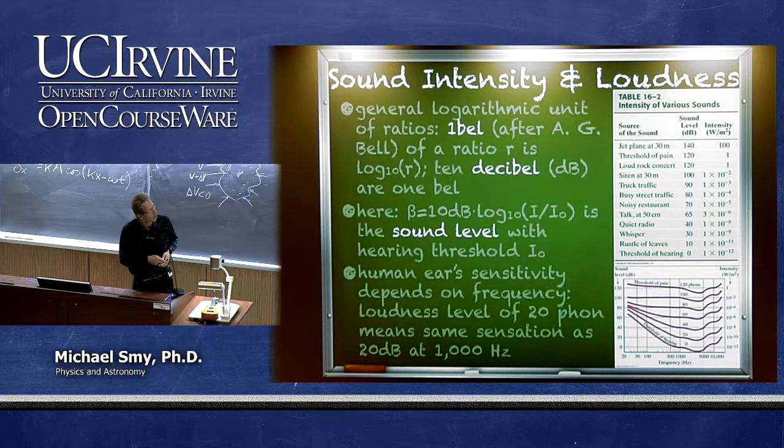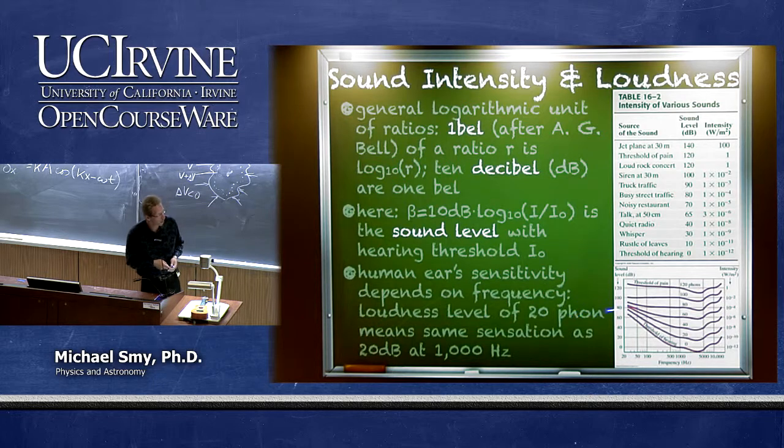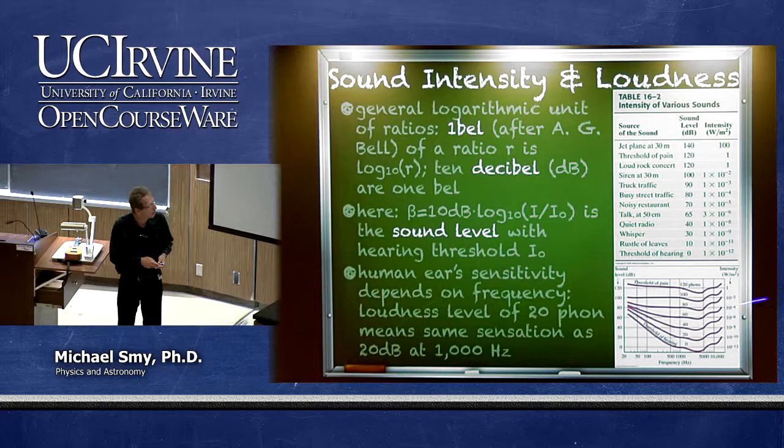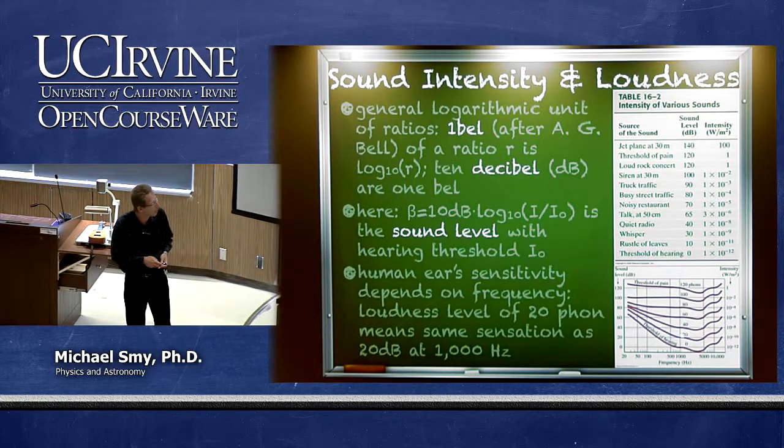So as it happens, the human ear sensitivity depends on the frequency. So we can also define a loudness level, and the unit of that is different. It's called phone. And what it means is the same amount of decibels as if the frequency had been 1,000 hertz. So here are typical curves for the perceived loudness.